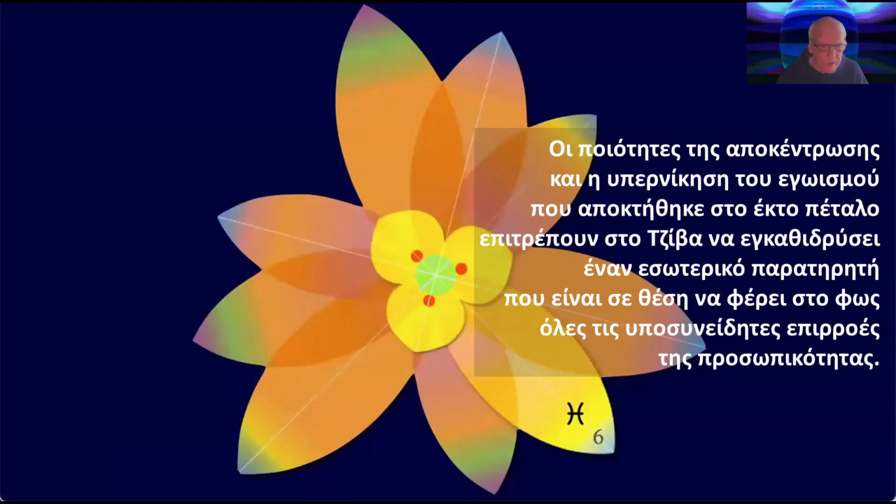The qualities of decentralization and the conquering of selfishness gained on the sixth petal allow the jiva to set up an inner observer who is able to bring to light all hidden personality influences.